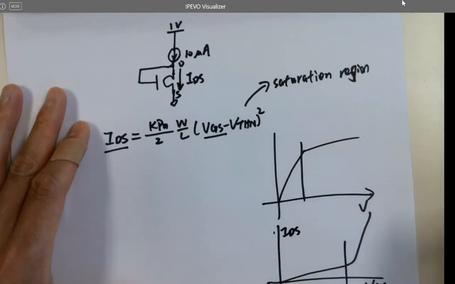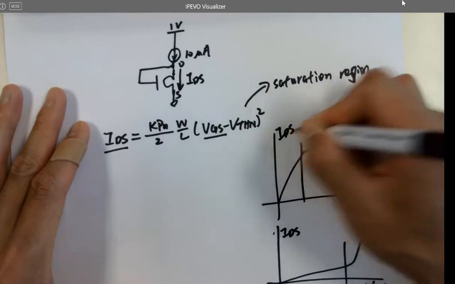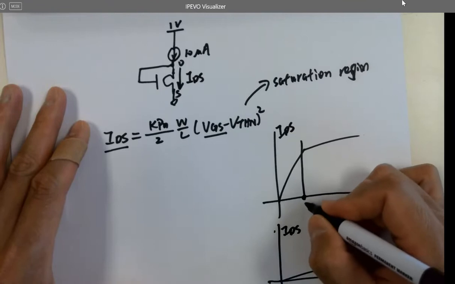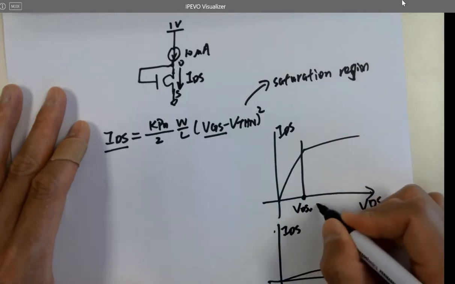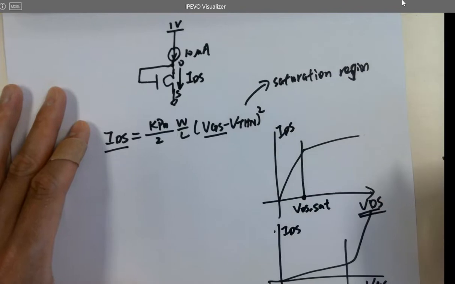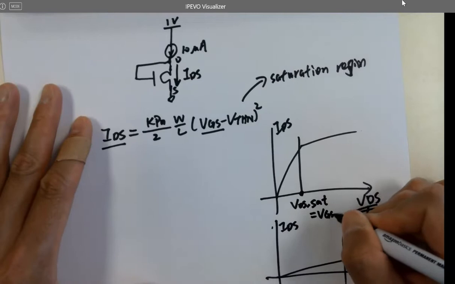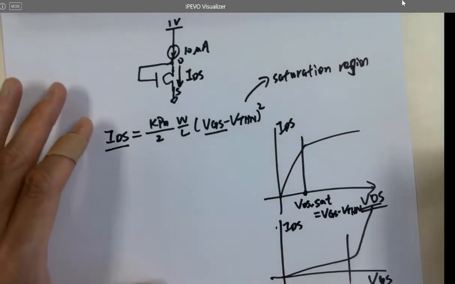Threshold voltage. This is VDS. And what's the name of this point? VDS set, and this equals VGS minus VTHN, or VTH for the NMOS, right?